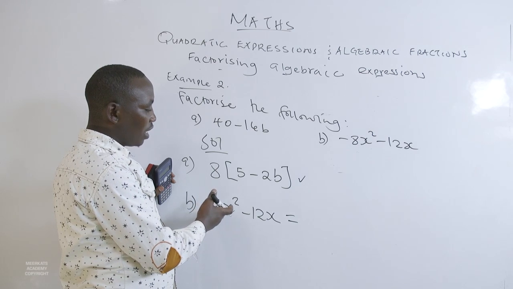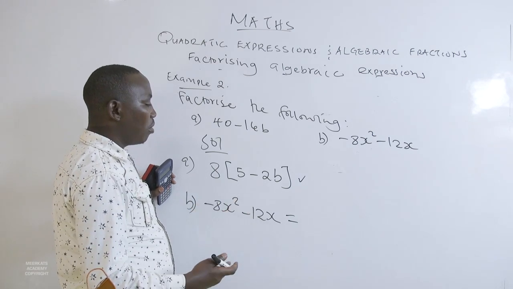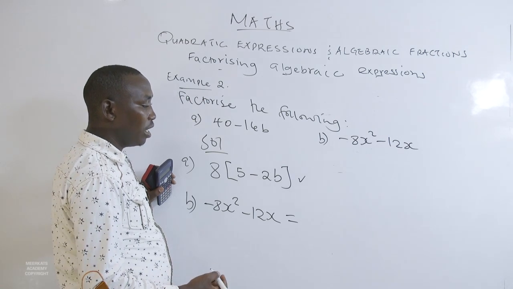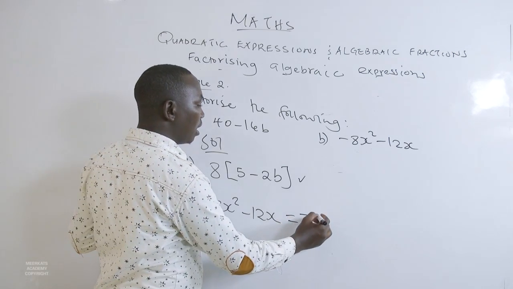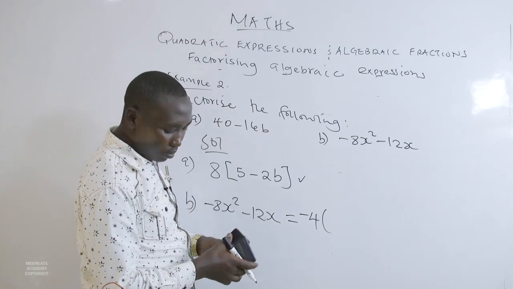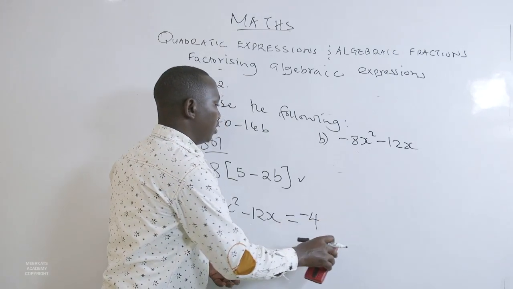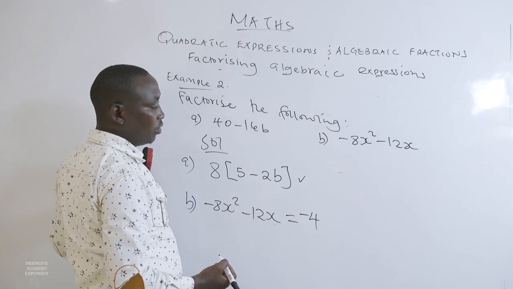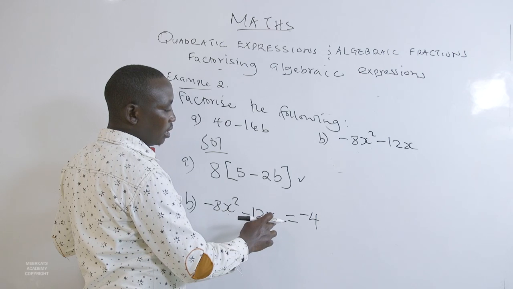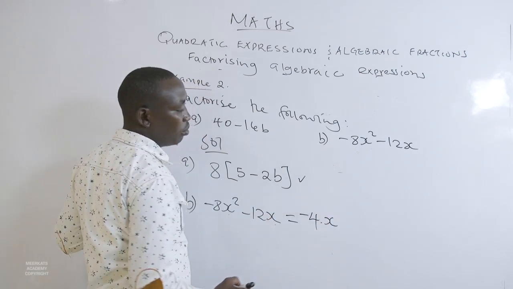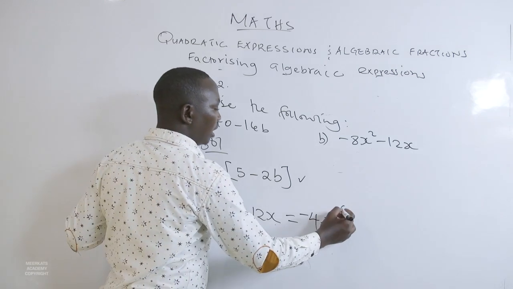And because we have negative and negative, we can say that negative 4 is going to be our highest common factor. So we pick to take it out, and you also recall that we have got x squared and x. This will tell us that x is another factor, and therefore we should factor out negative 4x.